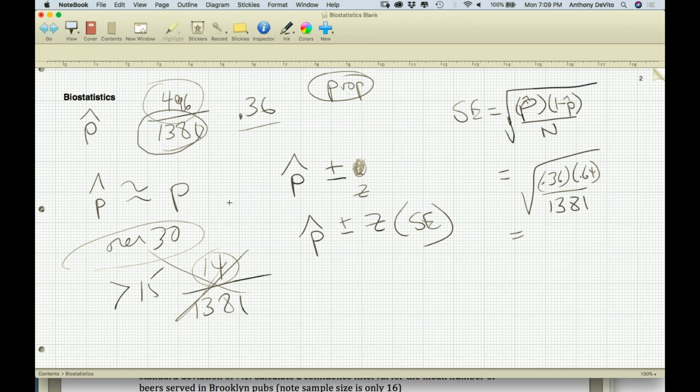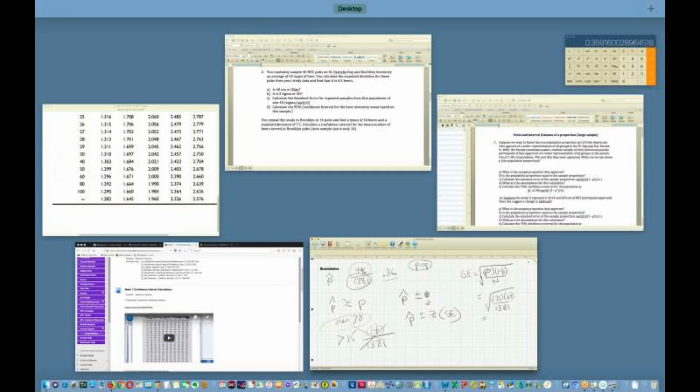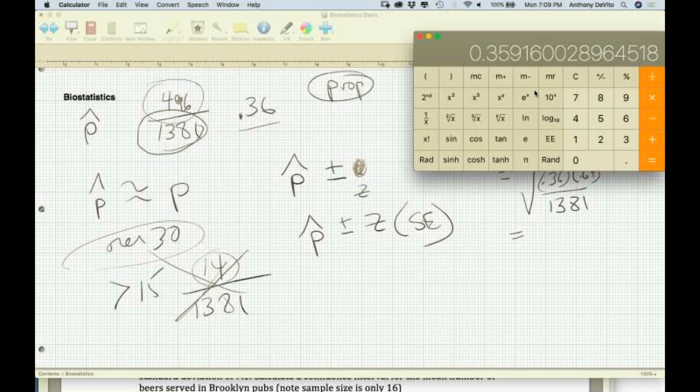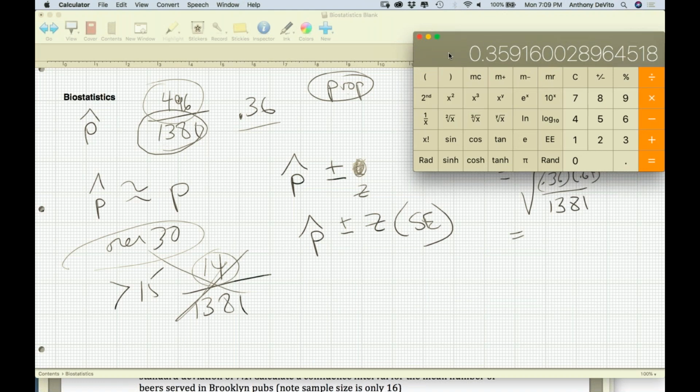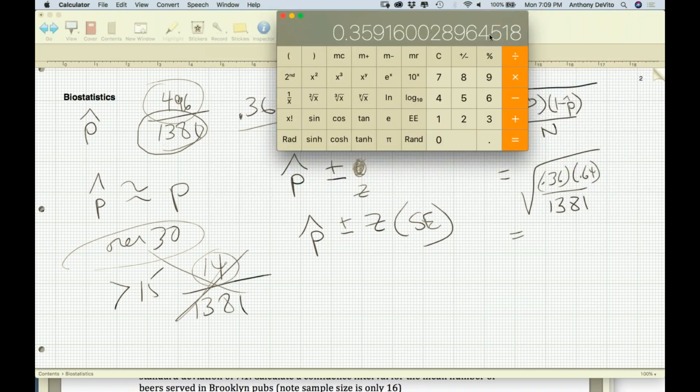Okay, so that's equal to, let's get my calculator out. Clear. Okay, it is 0.36 times 0.64 equals this, divided by 1381 equals.